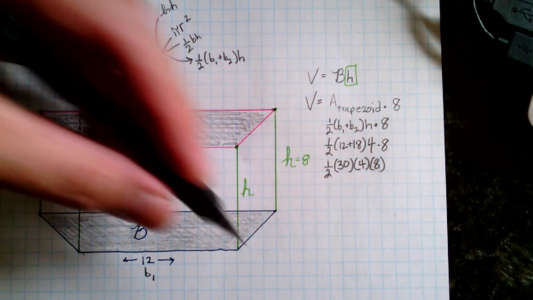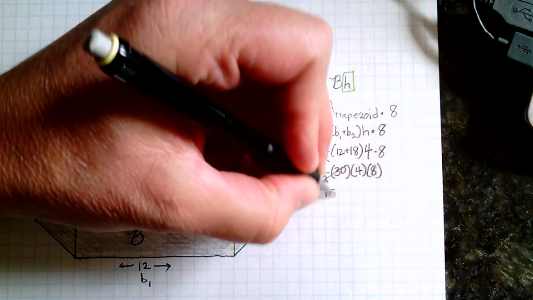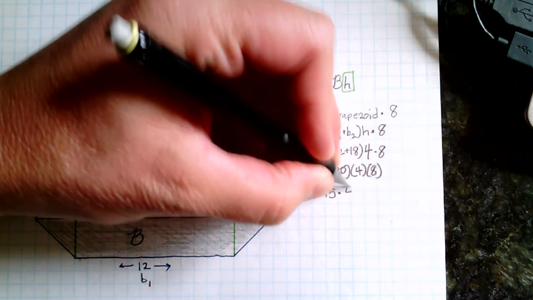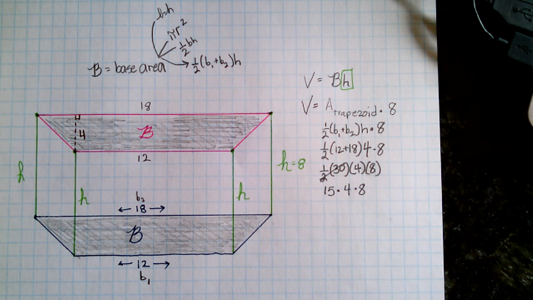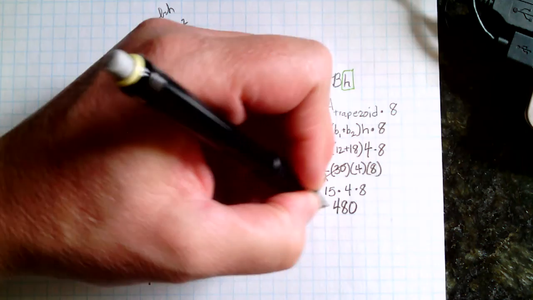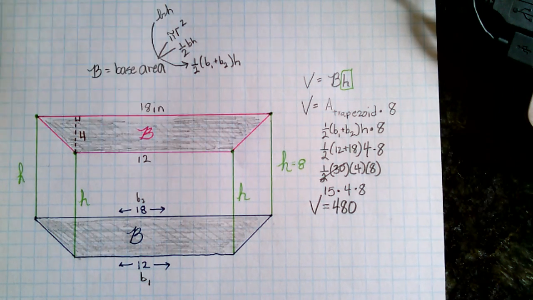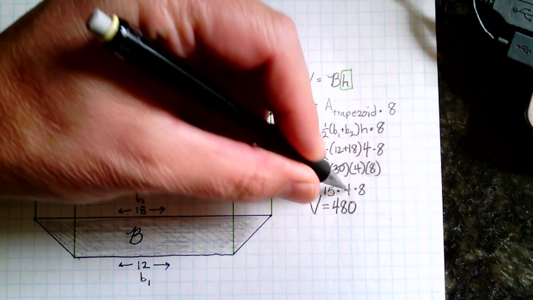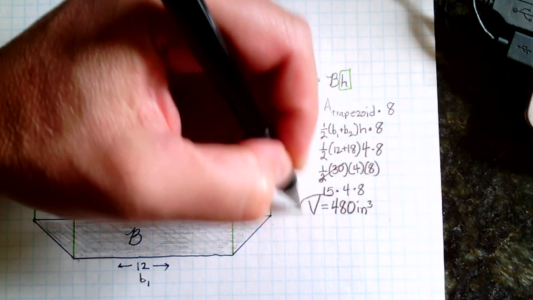If I do 1/2 of 30, I'll do 15 times 4 times 8. 15 times 4 times 8, 480 is the volume. And then whatever the units are, if it's inches, then since you multiplied inches times inches times inches, that would be inches cubed, or cubic inches.